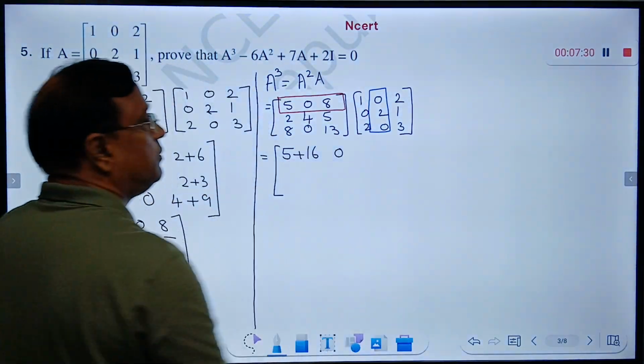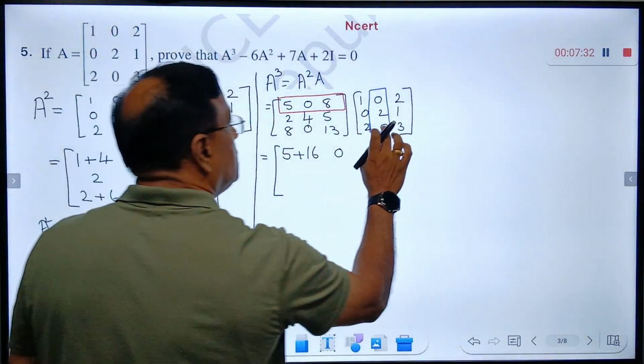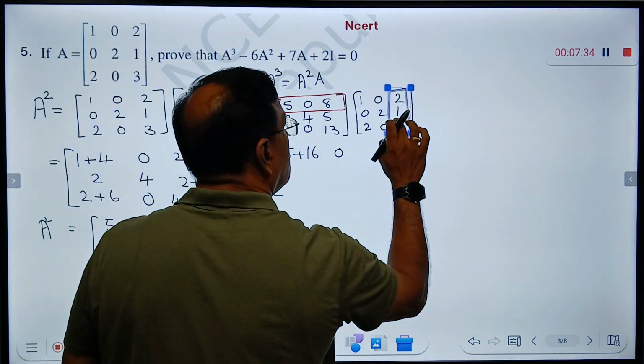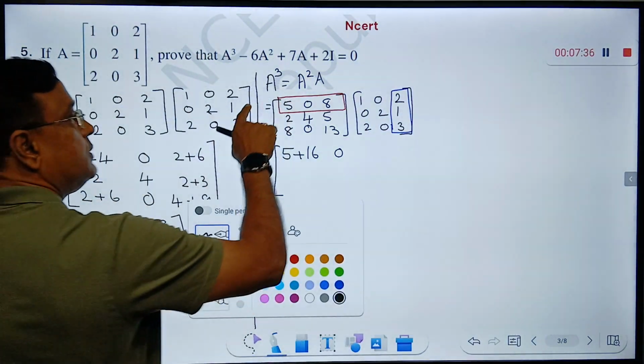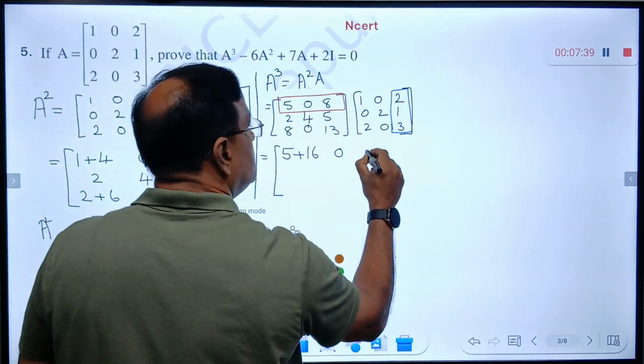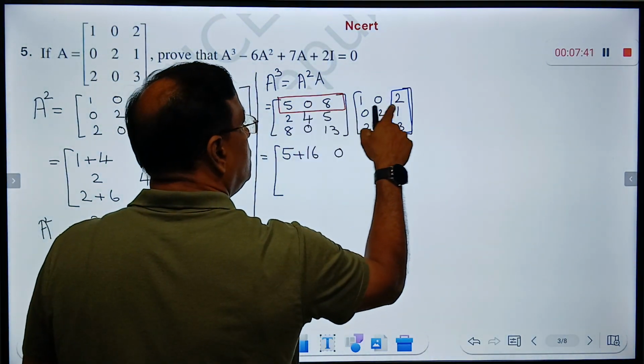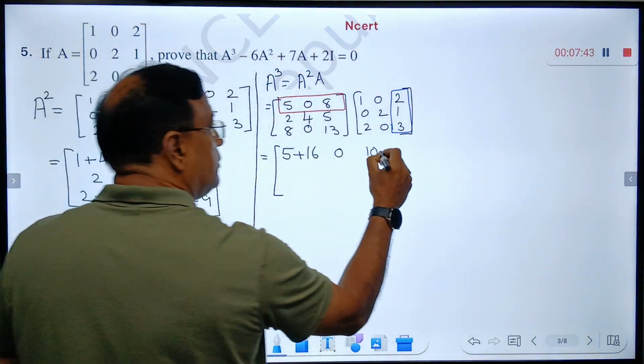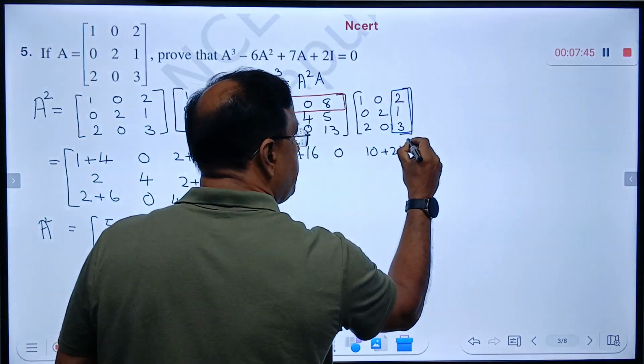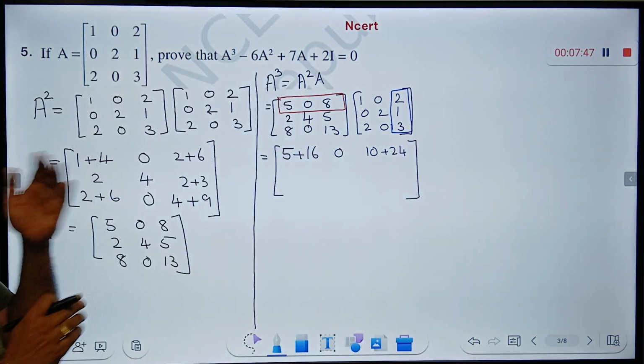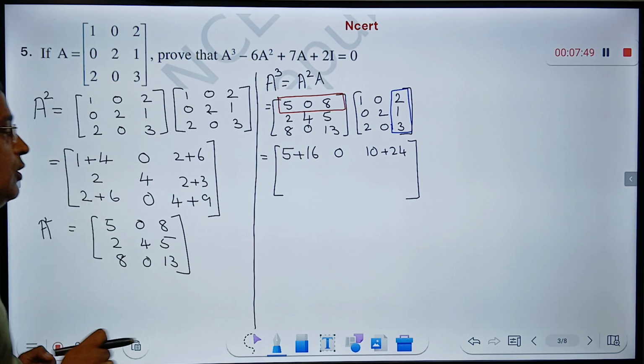So it's 0. First row, third column: 5 into 2 is 10, 0 into 1 is 0, 8 into 3 is 24. That finishes the first row.